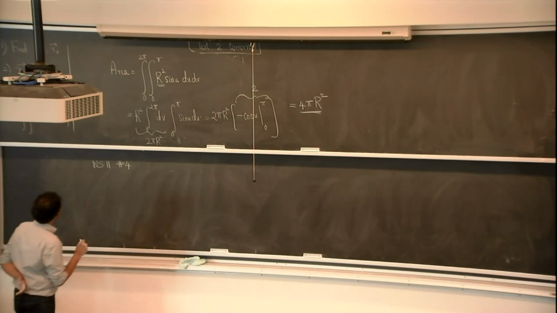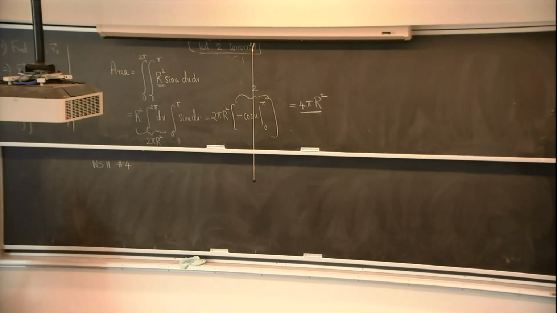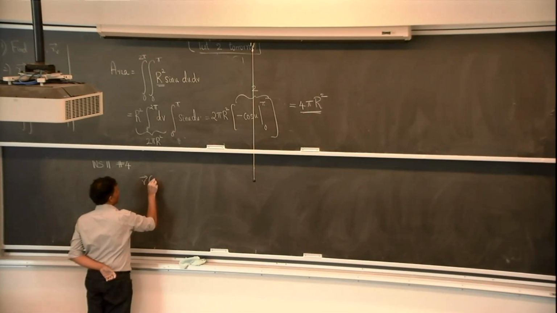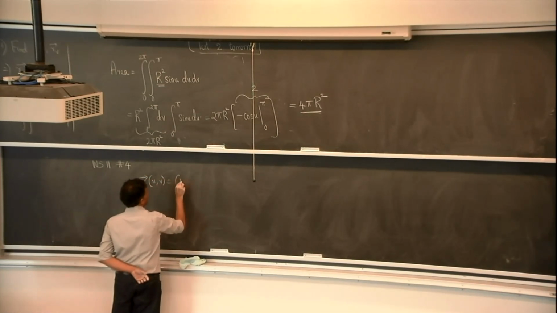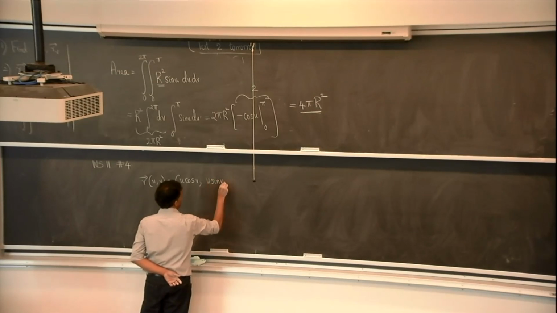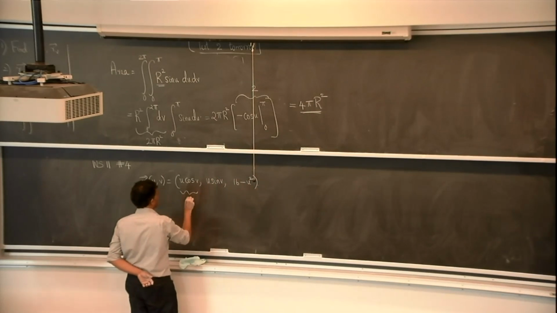All right, let me slowly start doing this. I think the parametric representation was r of u, v equal to u cosine v, u sine v, and 16 minus u square again. This is your x, y, and z.